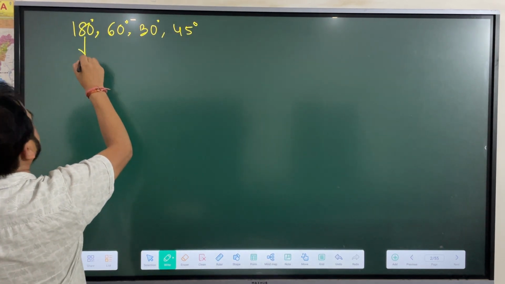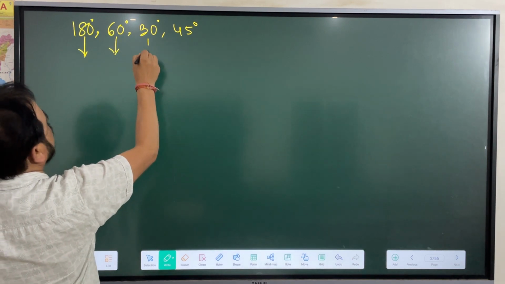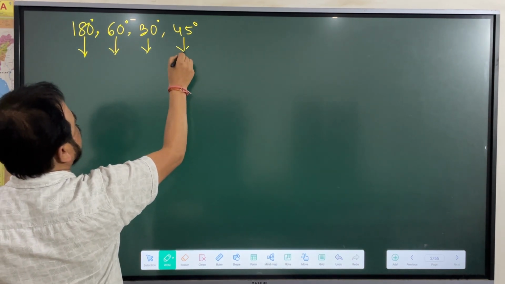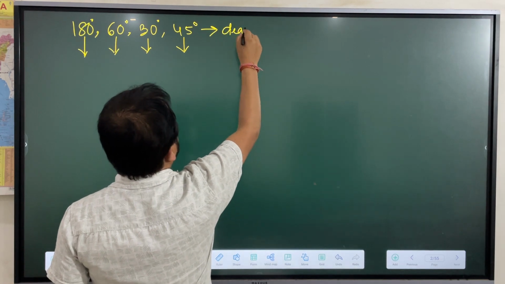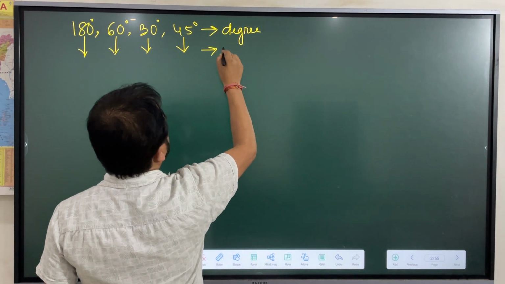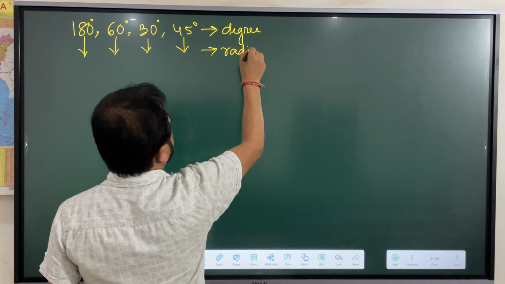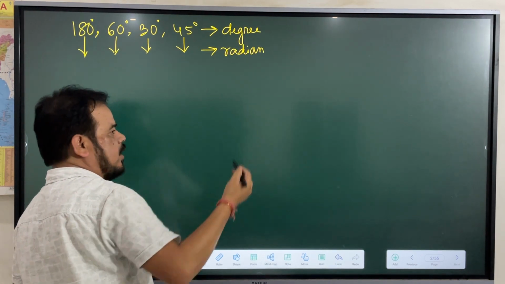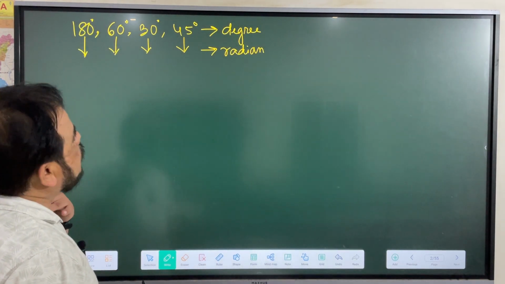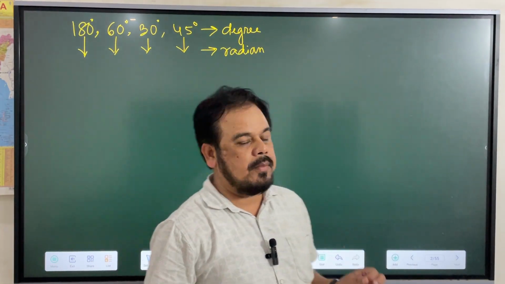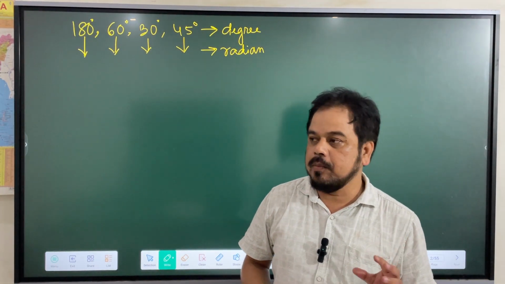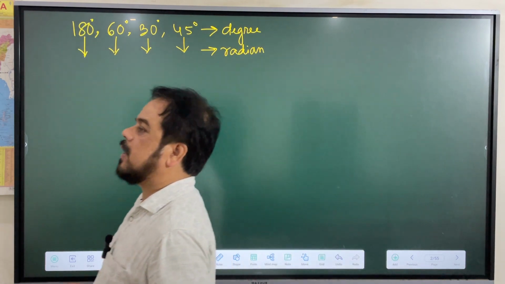These angles we have to learn to write in radian form. This is degree form, and this will be radian form. These are the two forms of expressing the measurement of angle. One more is there, but that is not required now.